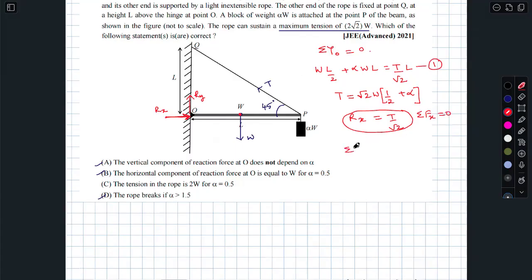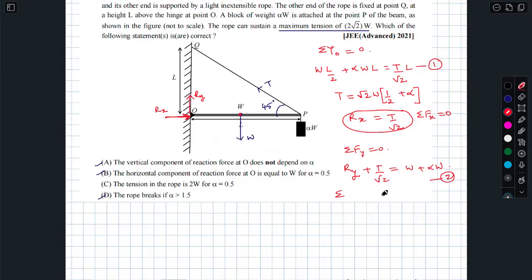And now sigma Fy is equal to 0. Ry upwards, T by root 2 upwards, W plus alpha W downwards. Equation 2. Now let us try to take the torques about P, one more, because there are too many unknowns. Ry, Rx, and the tension are unknowns.